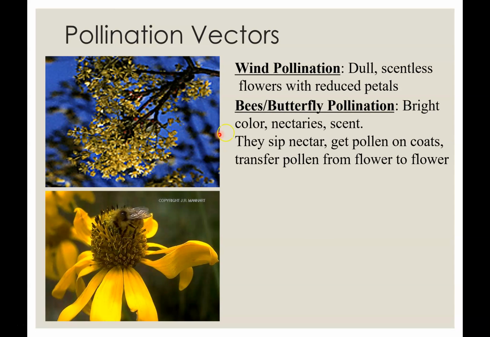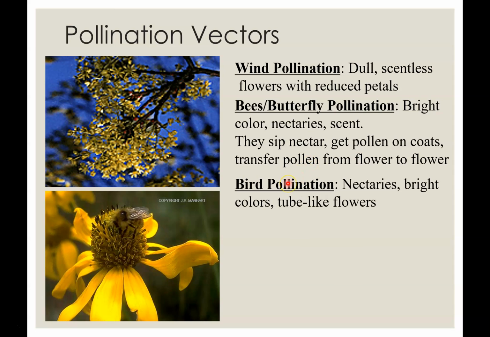Then we have bees and butterfly pollination. Bright color, nectaries, scent. So the flowers are going to be bright colored. They're going to have nectaries, and they're going to produce a scent that attracts specific insects such as bees and butterflies. They sip nectar, get pollen on their coats, and transfer pollen from flower to flower.